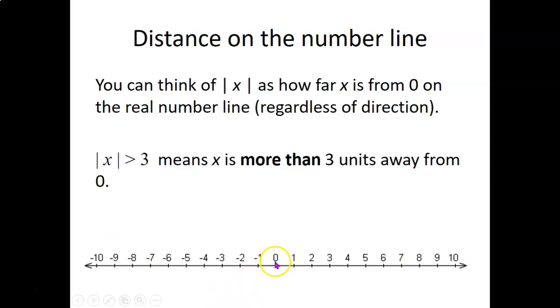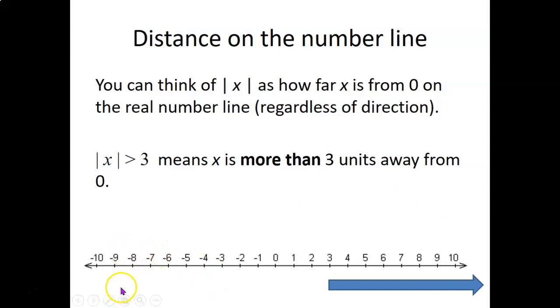There's a mean dog chained up here at 0, and the length of the chain is 3 units. Where can you stand to be safe from the dog? Anywhere that's more than 3 units away from 0. Where's that? Well, we got some numbers over here, 4 and 5 and 10, and basically anything past 3, anything that's greater than positive 3.